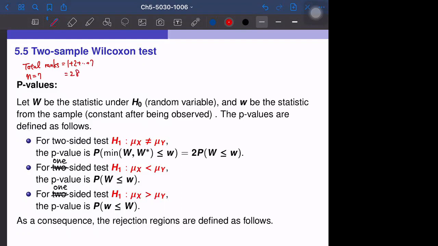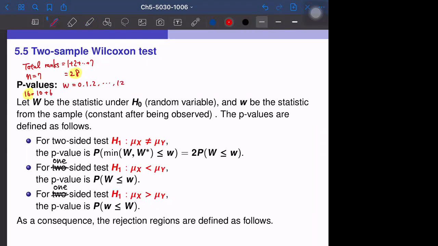W was 2 as the test statistic on the last page, but W actually ranges from 0 to something. Remember that for the sum of ranks of x we subtracted 10, and for the sum of ranks of y we subtracted 6, so the total is 16. The difference between 28 and 16 is 12, so W is up to 12.